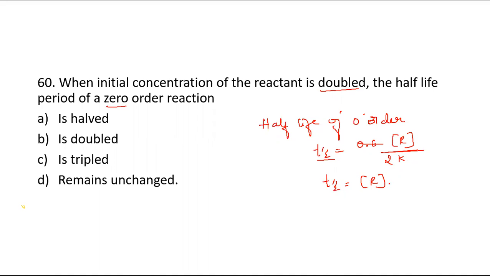So direct ಆಗಿ ರಿಲೇಟ್ ಆಗಿರೋದ್ರಿಂದ if the initial concentration is doubled, ಇದು ಕೂಡ ಡಬಲ್ ಆಗುತ್ತೆ. Okay, so that means option B is correct. As it is directly related, if this is doubled or tripled, the same thing happens in case of the half-life of the zero order reaction also.